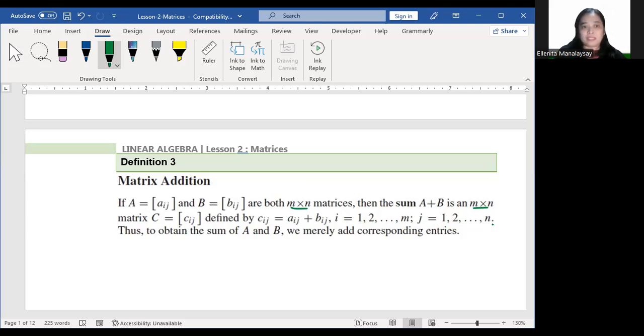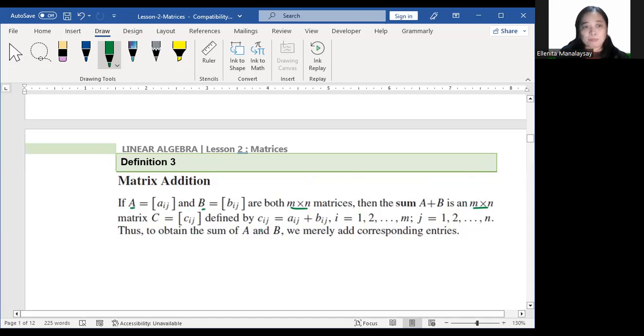So this simply says that, let us observe, matrix A and matrix B are both m by n matrices. This means that they have the same number of rows and the same number of columns. If two matrices have the same number of rows and the same number of columns, then it's possible for us to get their sum.